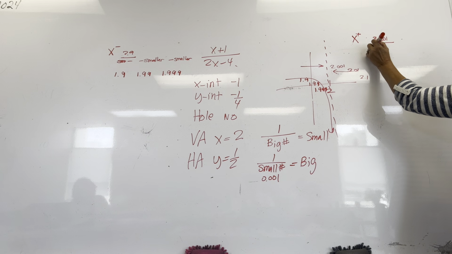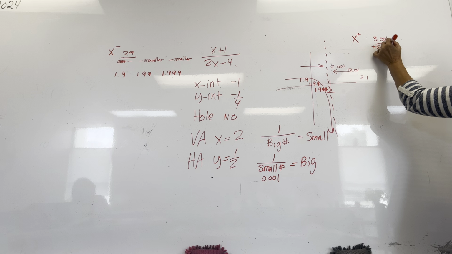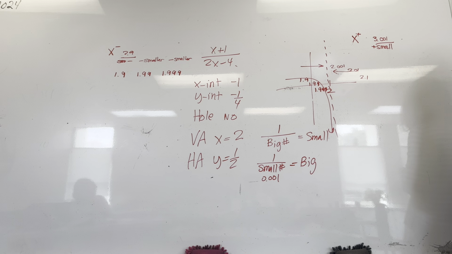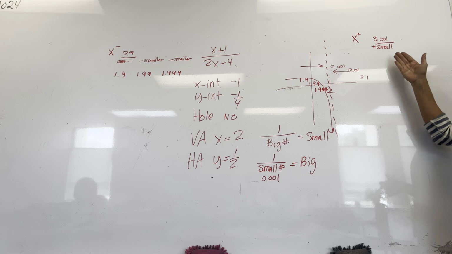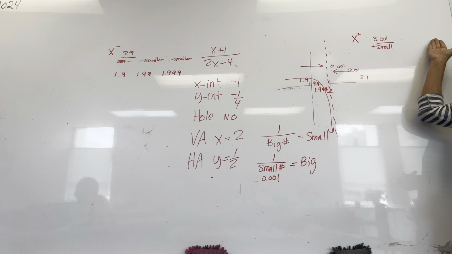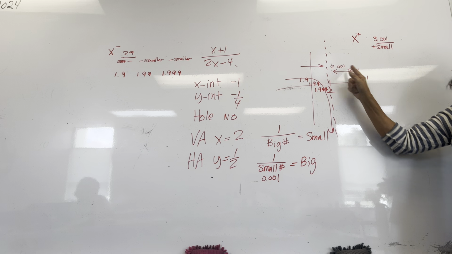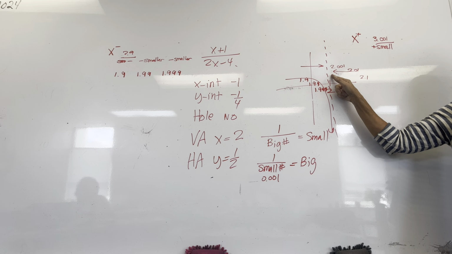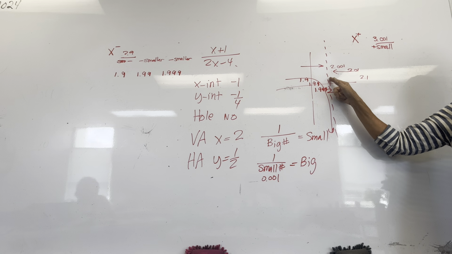So it's going to be a very small positive number. So it just keeps getting a little less small and a little less small. As I go from here to here, that number gets smaller and smaller, from here to here in the denominator.